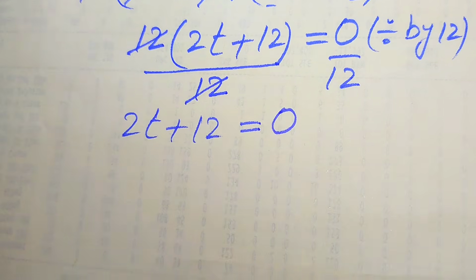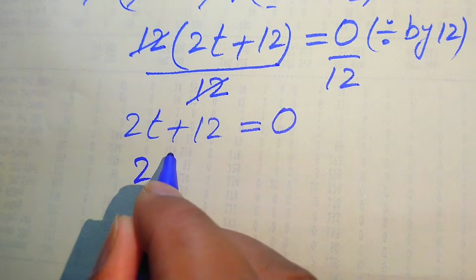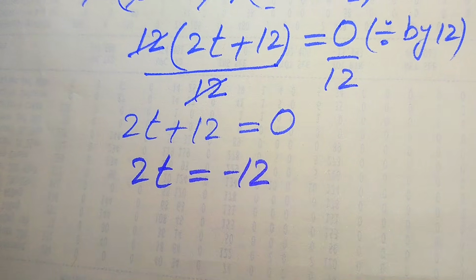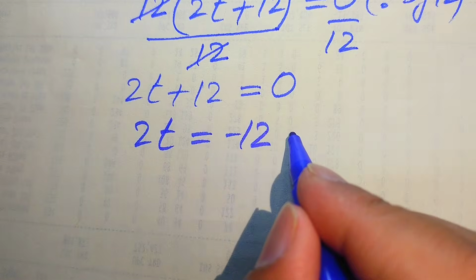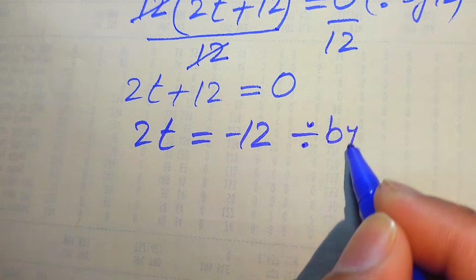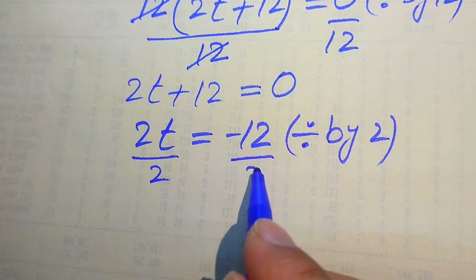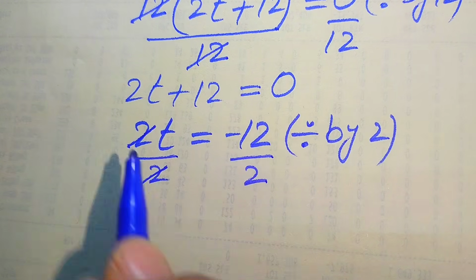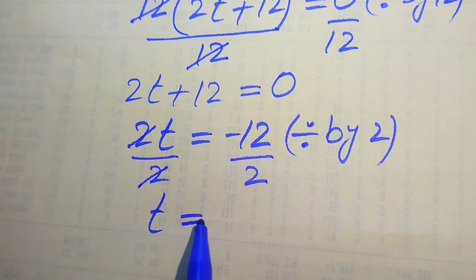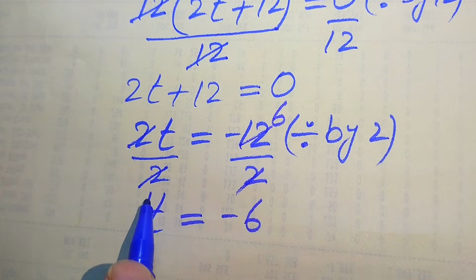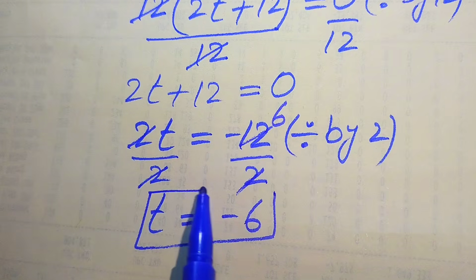And further in the next step, because our target is to find the value of t, we move this plus 12 to the right hand side, so it becomes minus 12. Further, we remove this 2 from here, so we divide both of the sides by 2, and it will be written in this form. This 2 and this 2 are gone, and we obtain t is equal to, this is 2 times 6 becomes 12, and we get the value of t is equal to minus 6.